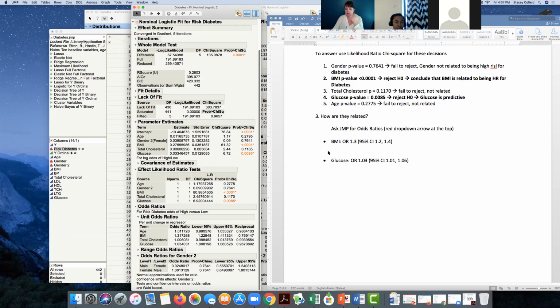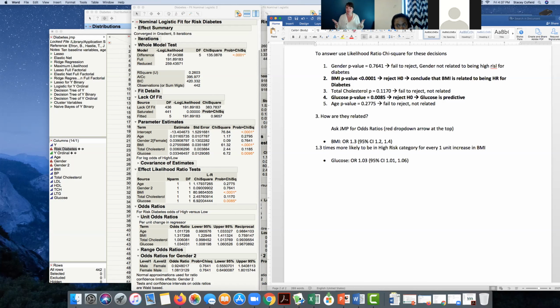In words, you're 1.3 times more likely to be in the high risk category for every 1 unit increase in BMI. So if you think about the X versus Y, as BMI increases, you're more likely to become in the high risk category of diabetes, right?